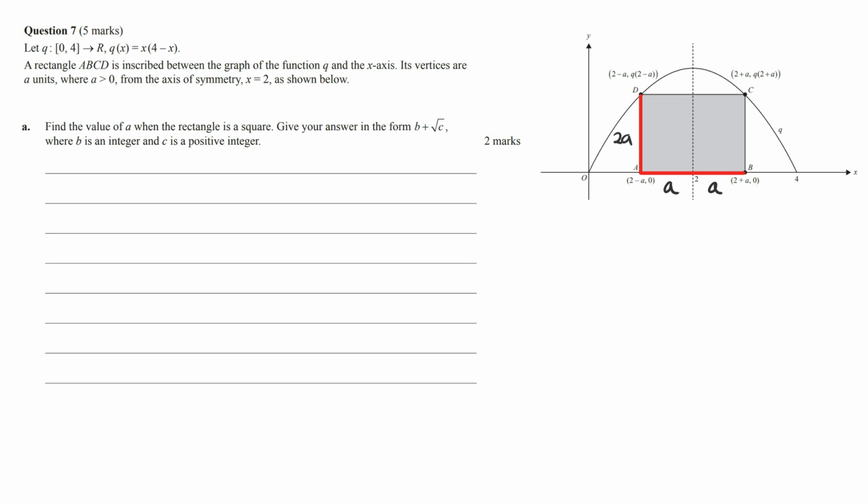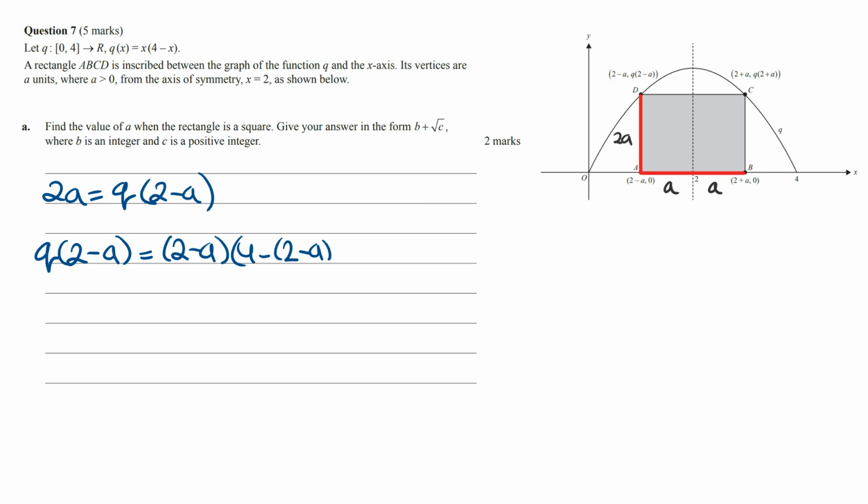And so we can state that 2a has to equal q of 2 minus a. Q of 2 minus a is going to be 2 minus a times 4 minus 2 minus a. And so wherever there's an x, we'll replace it with 2 minus a.